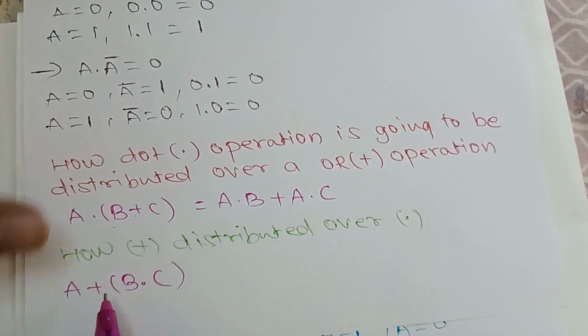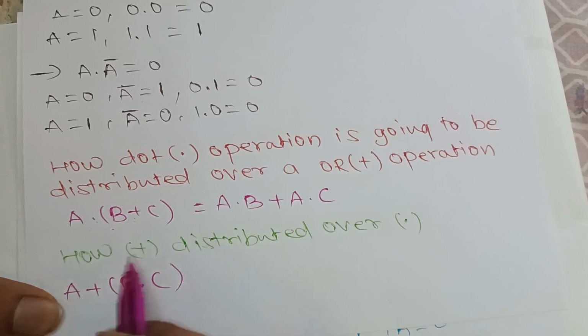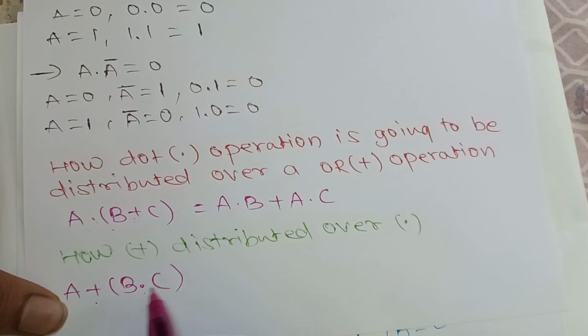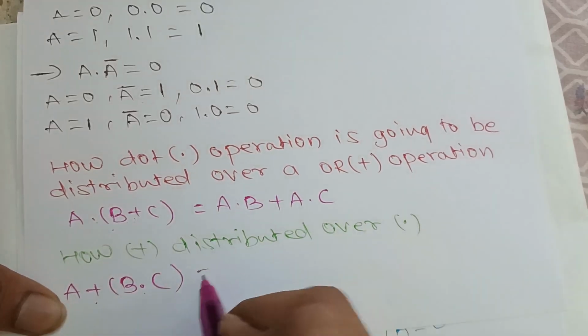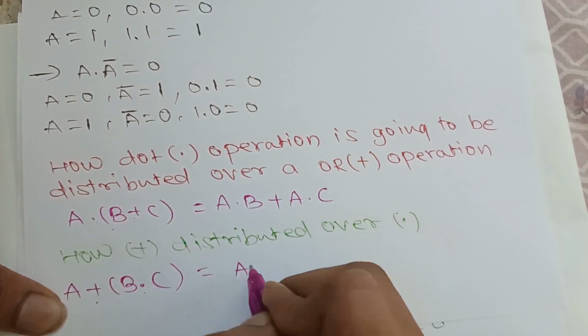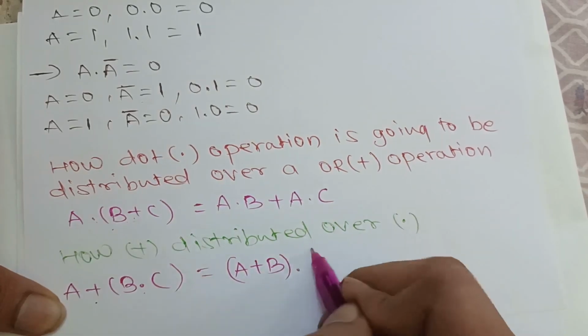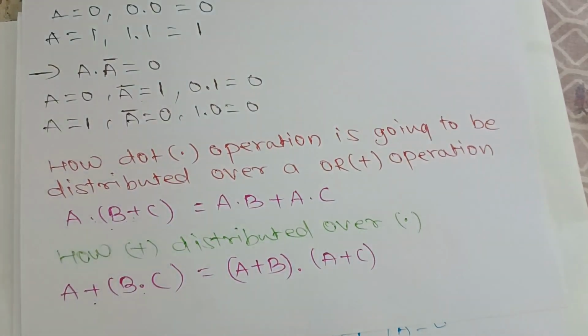You can see we have written dot in the bracket and plus outside the bracket. So how is this plus going to be distributed, meaning how is the variable a going to be written along with each variable contained in this bracket? This is going to be like a plus b, in between this dot should come, dot a plus c. This is how it is going to be distributed.